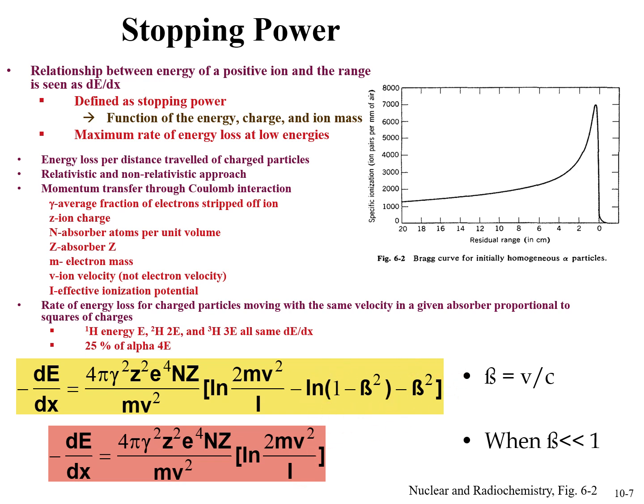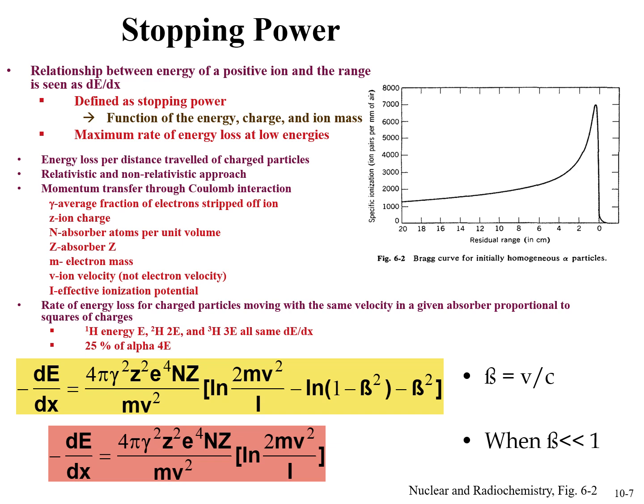The terms include the average fraction of electrons stripped off an ion, the charge of the ion, the absorber atoms per unit volume, so something about the absorber density, the Z of the absorber, which is important because higher Z material means more electrons, the mass of the electron, the ion velocity, not the electron velocity, and the effective ionization potential. So ionization potentials of different materials have different properties on this stopping power.